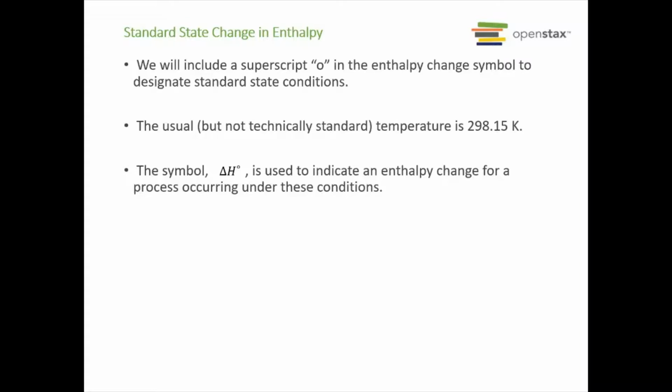There's a superscript of O that is used to designate standard state conditions. A lot of times, generally, it's at 298.15 Kelvin. So if you see delta H naught, this means an enthalpy change under these standard state conditions.